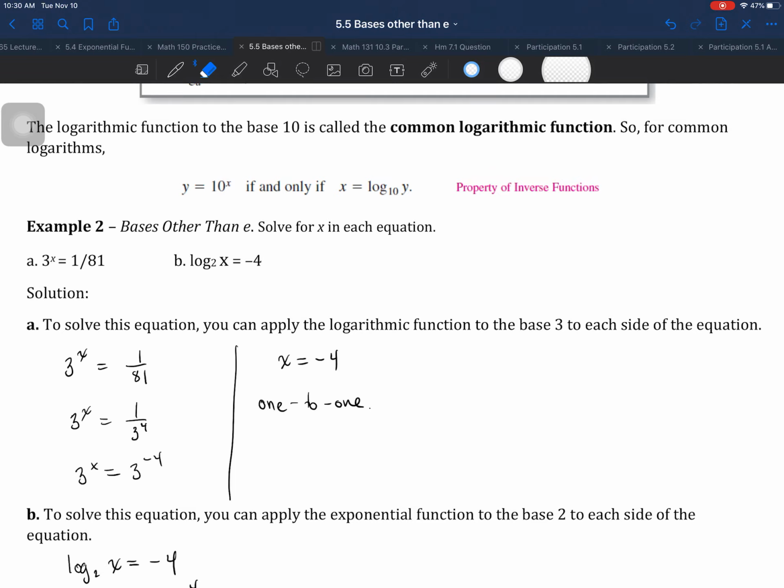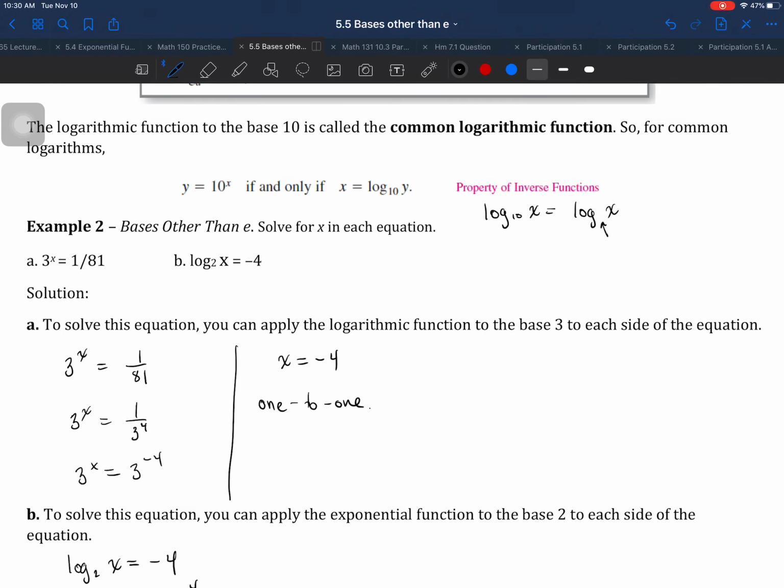You will notice that the logarithm for base 10 is never specified as base 10. When the base is missing, it is assumed to be base 10, right? If you notice on your calculator, that's what you will see.